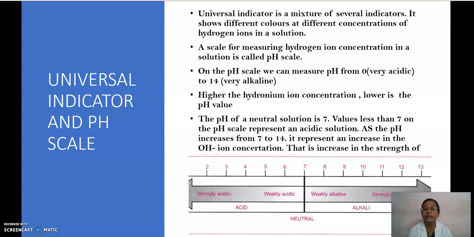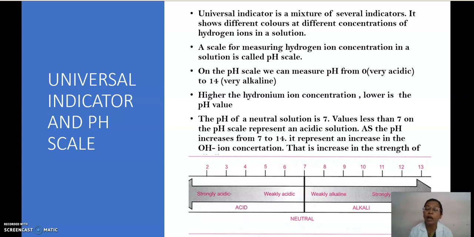On the pH scale we can measure pH from 0. The first number is 0; 0 means it is very acidic. And its last number is 14, which means it is highly basic or very alkaline. The higher the hydronium ion concentration, the lower the pH value. Suppose an acid contains the maximum amount of hydrogen ion concentration.